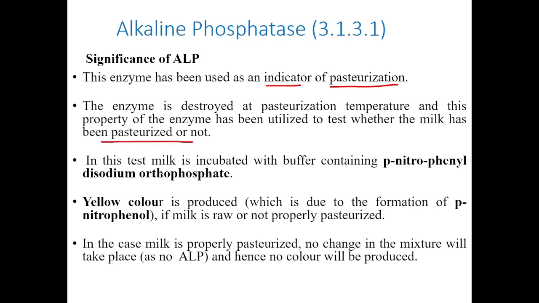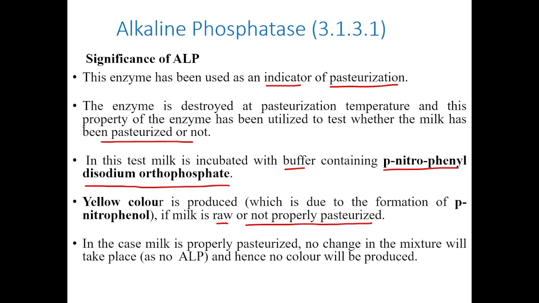And in this test we make use of a substrate which is known as p-nitrophenyl disodium orthophosphate. This is the substrate on which the alkaline phosphatase acts, and then we also make use of a buffer, that is sodium carbonate buffer. Then yellow color is produced if the milk is raw or not properly pasteurized.